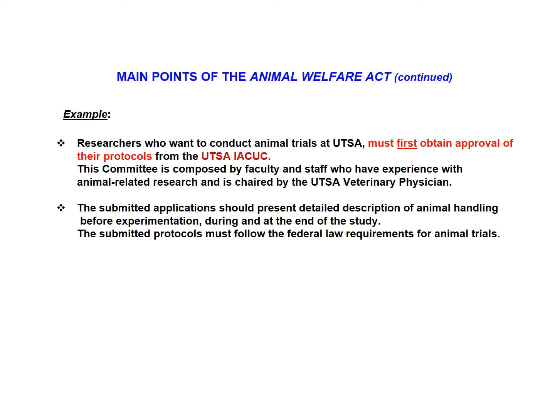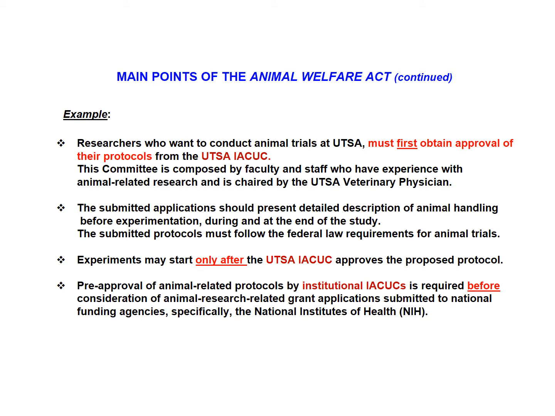The submitted application should present a detailed description of animal handling before experimentation, during, and at the end of the study. The submitted protocols must follow the federal law requirements for animal trials. Experiments may start only after the UTSA IACUC approves the proposed protocol and not before.